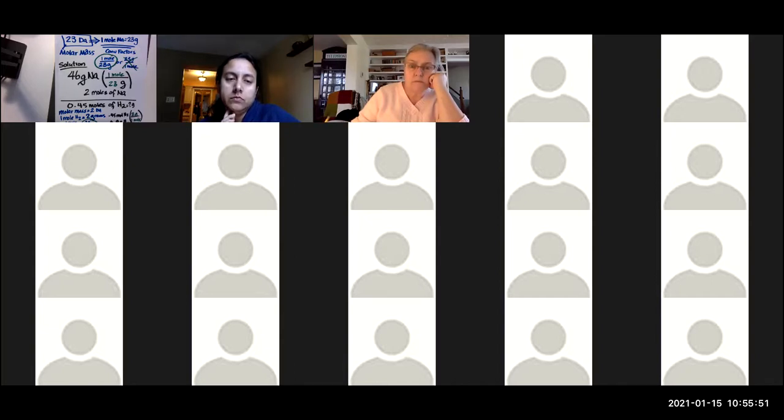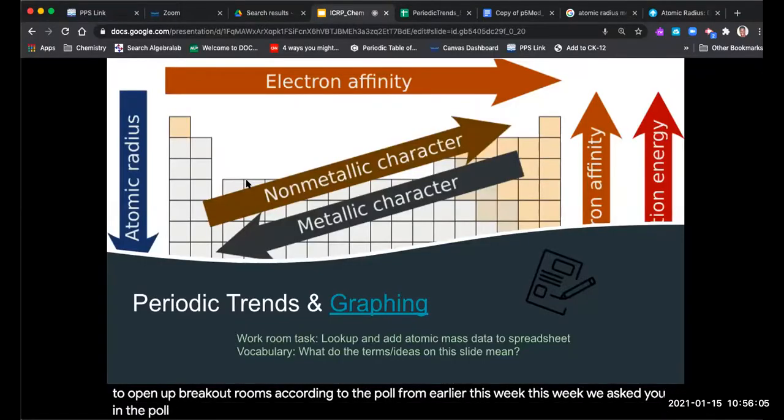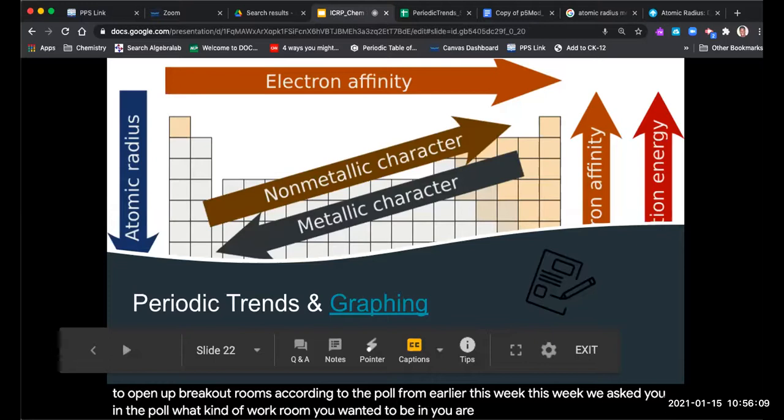And so we're getting ready to open up breakout rooms according to the poll from earlier this week. Earlier this week, we asked you in the poll what kind of workroom you were okay with being in.